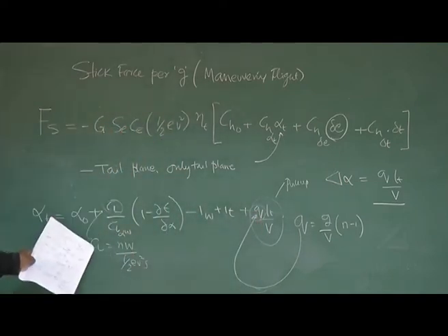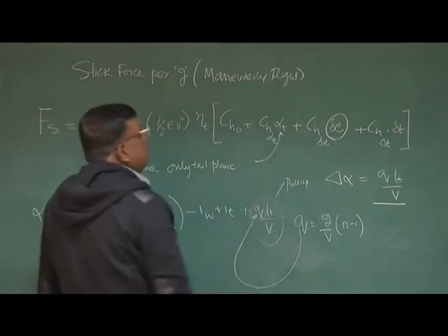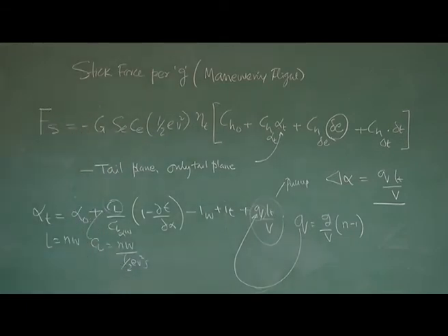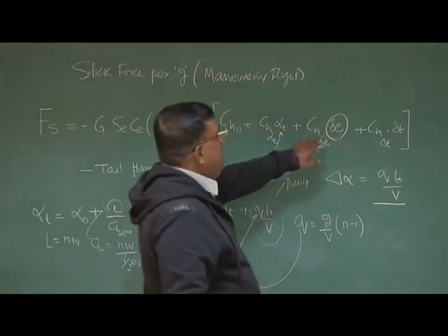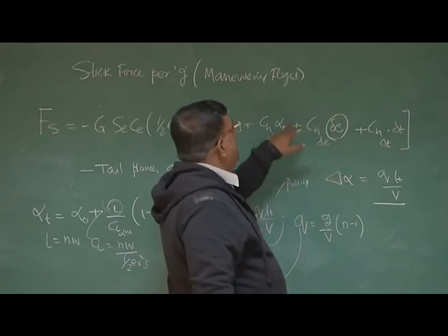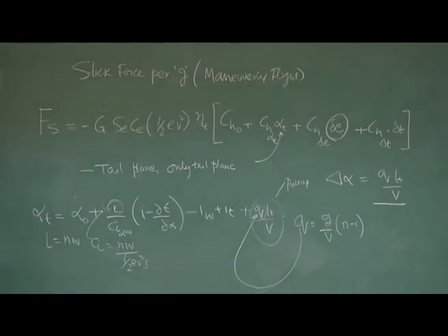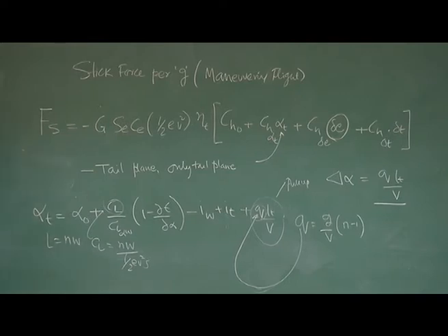For CL you put nW by half rho V square S. Take this whole alpha t, put it in this expression. So two things you have done. You have put the elaborate expression for delta E, which takes care of the pull-up, and alpha t, which also takes care of the pull-up. These two things we have to put in the Fs expression. Clear?